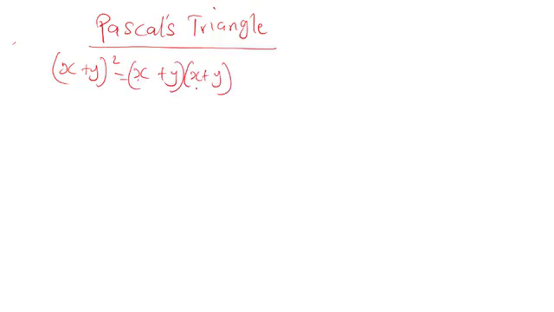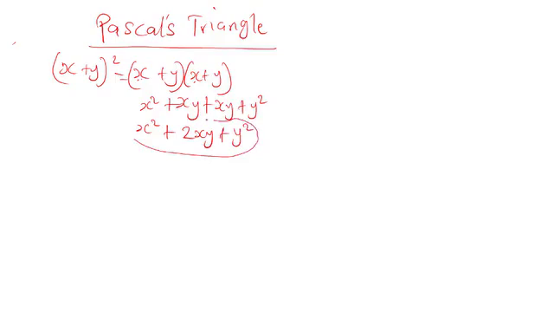You now start: x times x gives you x squared, plus x times y, xy, plus y times x, xy, plus y times y, y squared. With this you now have x squared plus 2xy plus y squared. This becomes the expansion of this.